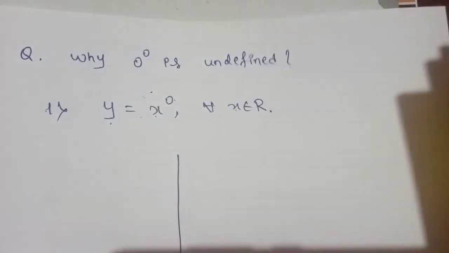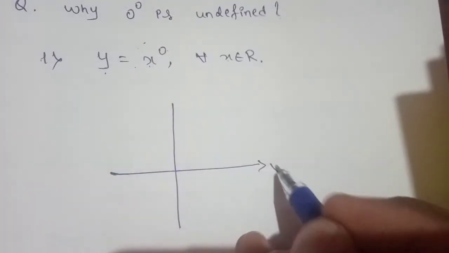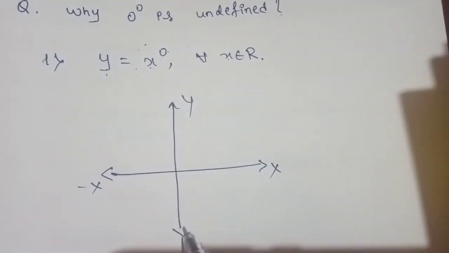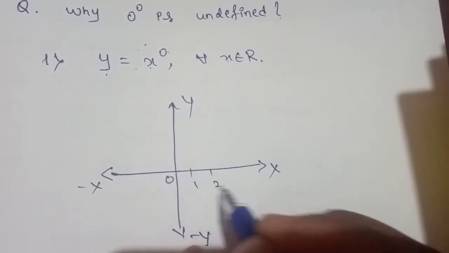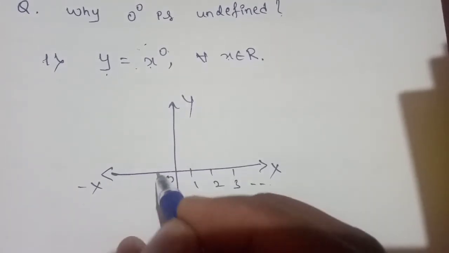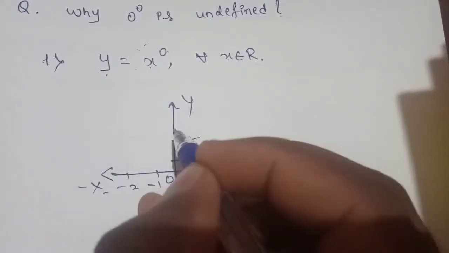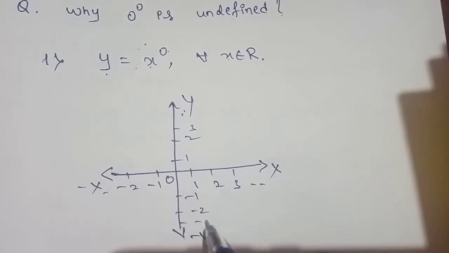Here is the x-axis, the negative x-axis, the y-axis, the negative y-axis, and the values 1, 2, 3 like that. Here also -1, -2, and so on, 1, 2, 3, and here -1, -2, -3.